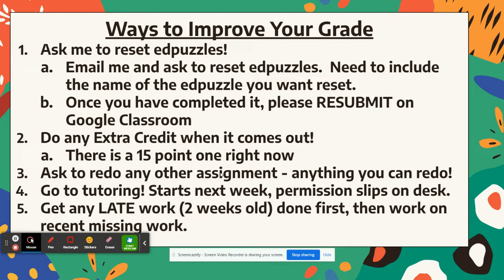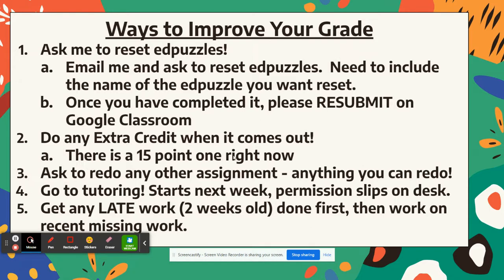Number three, ask to redo any other assignment. Remember, in my class, if you come and talk to me and say, "I really want to raise my grade, what can I do?" and you have everything turned in, you can redo work. So please do that. Number four, there is going to be tutoring on Tuesday and Thursday nights after school.